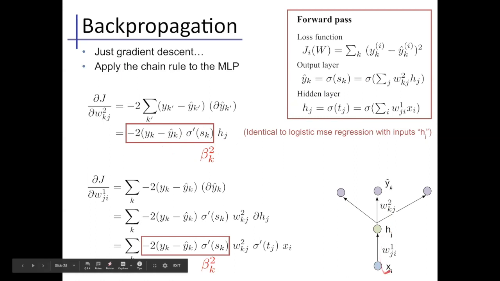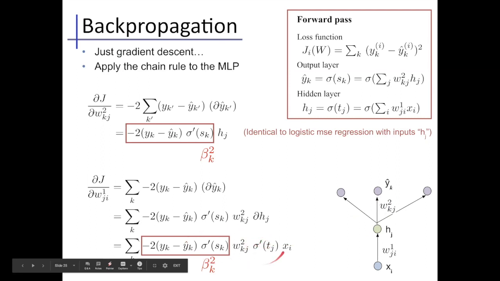Now you go back to update these parameters. This parameter is the connectivity between the input Xi and this hidden neuron HJ. Because I'm going to update the error signal at HJ, that will be W2K times this weight parameter W2, because the error is going to propagate through this W, and then I have to account for this nonlinear activation.